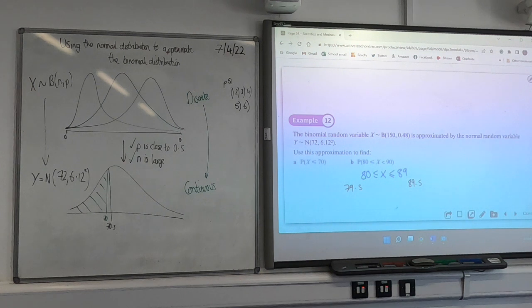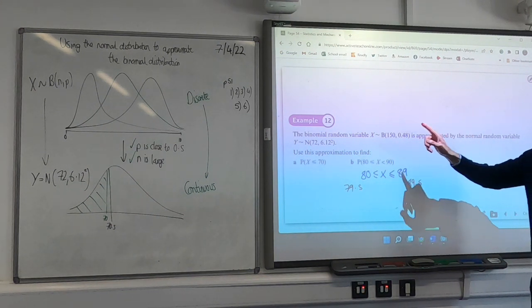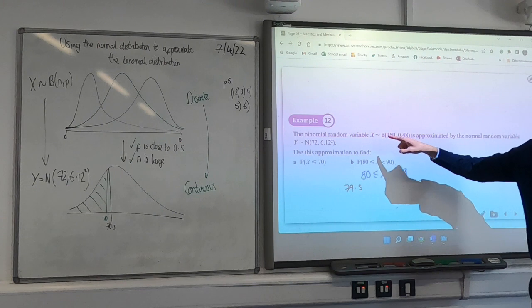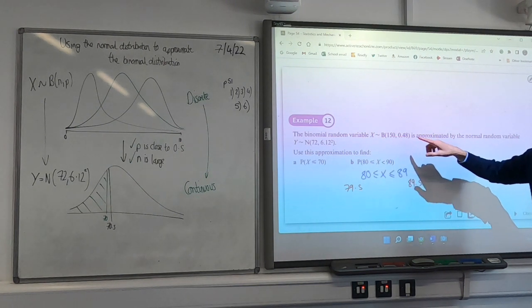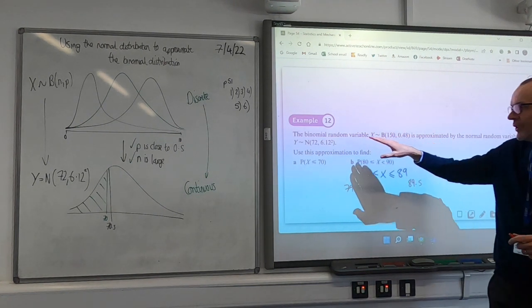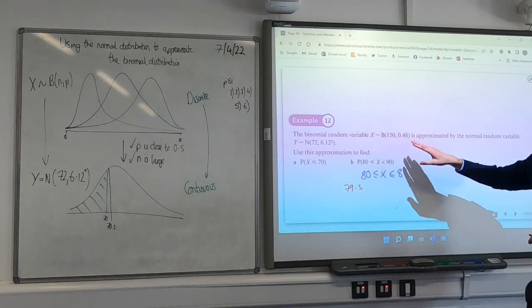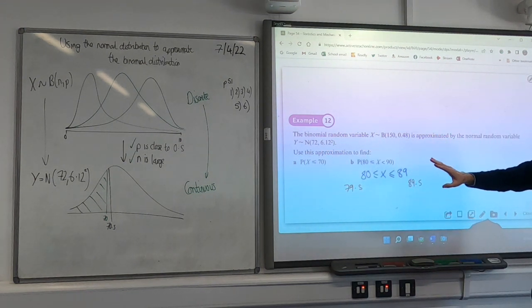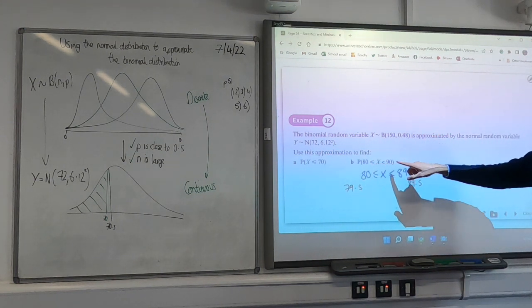Yes. What's the need of the binomial bit then? So what we're trying to do is work out probabilities that relate to this binomial. And to do it, we're using the normal as an approximation of it. So at the end of the day, the answer that we're getting is an answer to this binomial question.